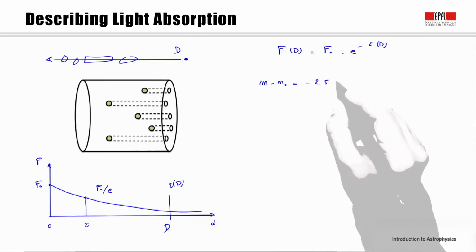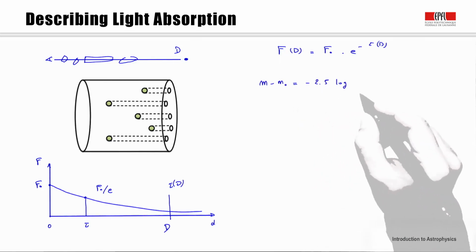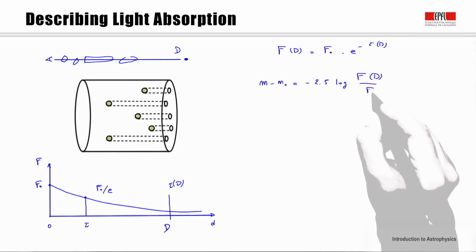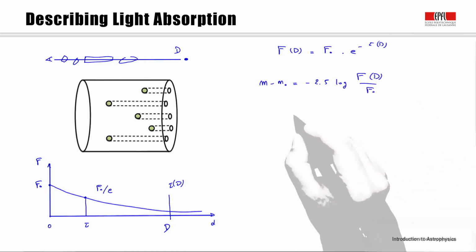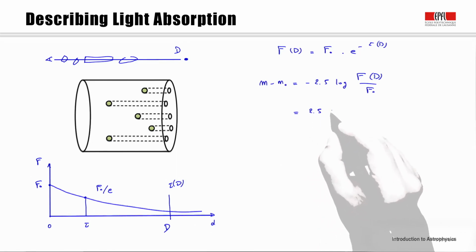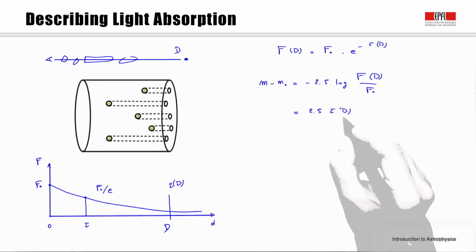Thus, m minus m0 equals 2.5 times log Fd divided by F0. Using the equation formulated before, this is equal to 2.5 times τd.